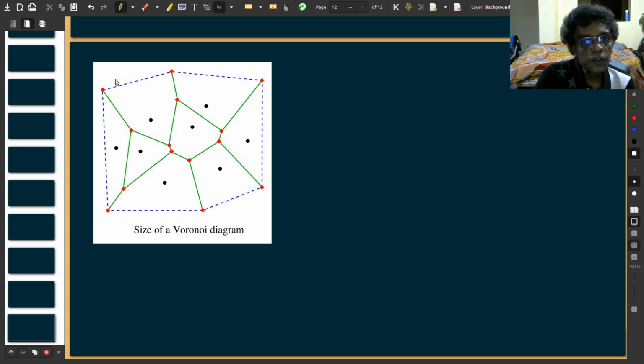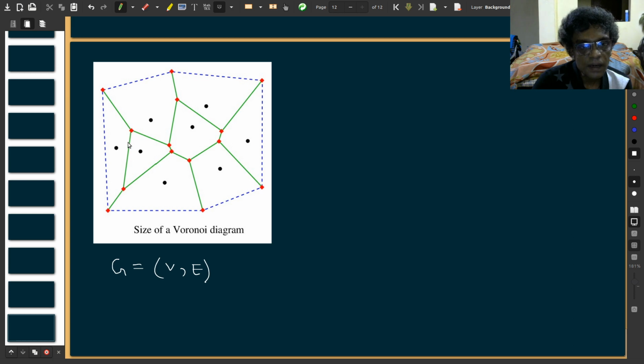Now, these points, along with these points, consider them as the vertices of a graph. Consider a graph G equal to (V, E), whose vertices are these vertices, which are already part of the Voronoi diagram, plus these points on the boundary.